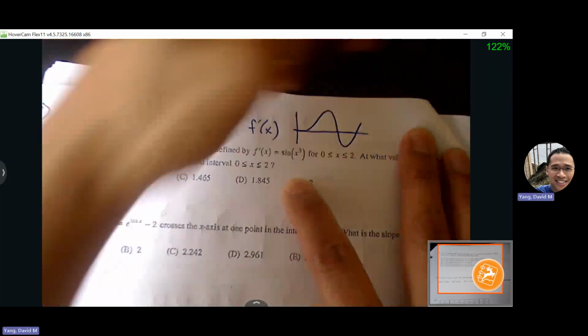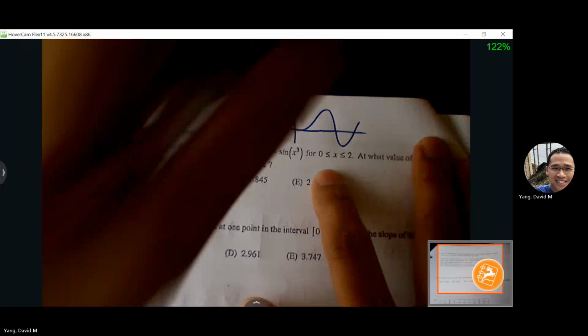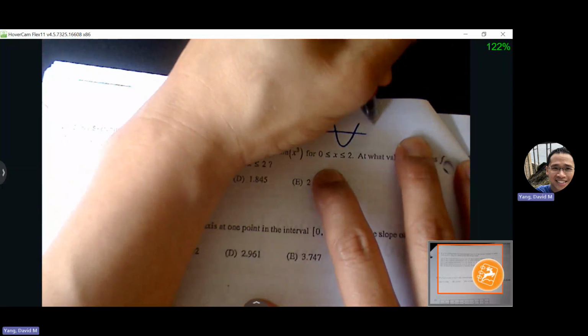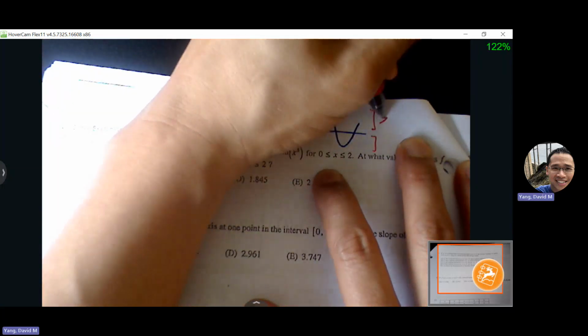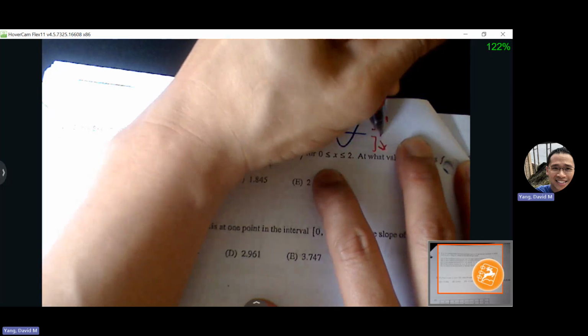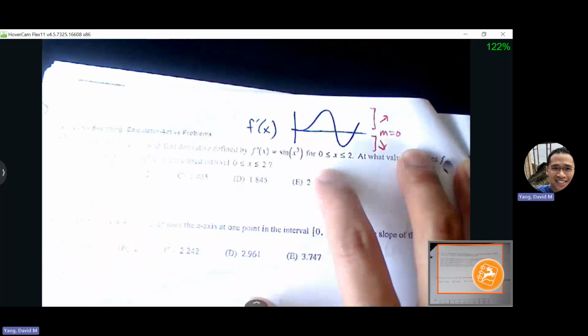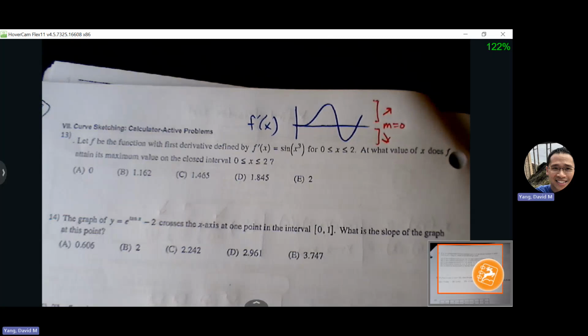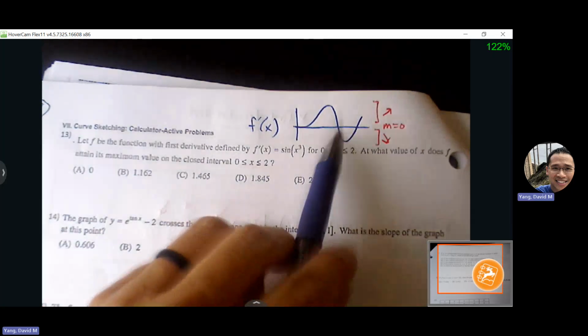So if we're looking at the f prime graph, I interpret accordingly here. Above the x-axis is a positive slope. Below the x-axis is negative slope. On the x-axis is slope 0. So our critical point is at whatever this intercept is.